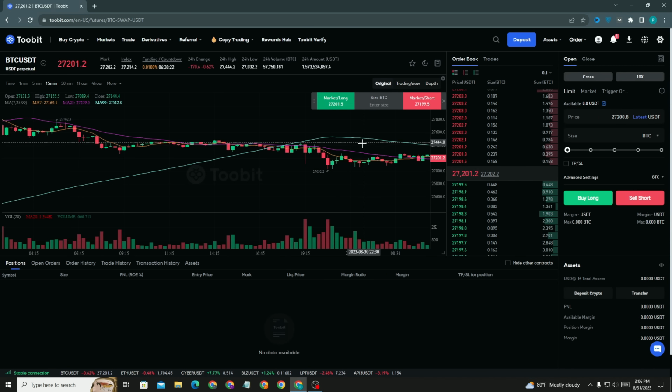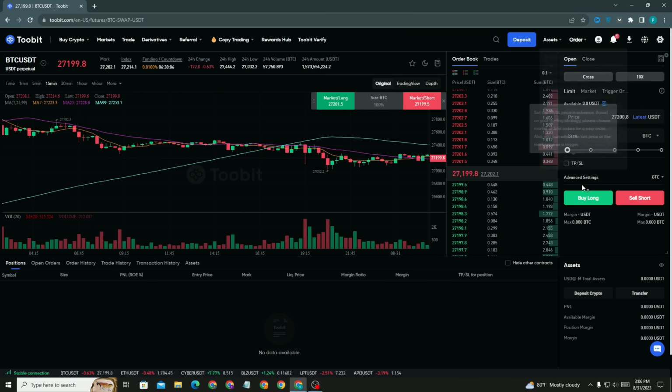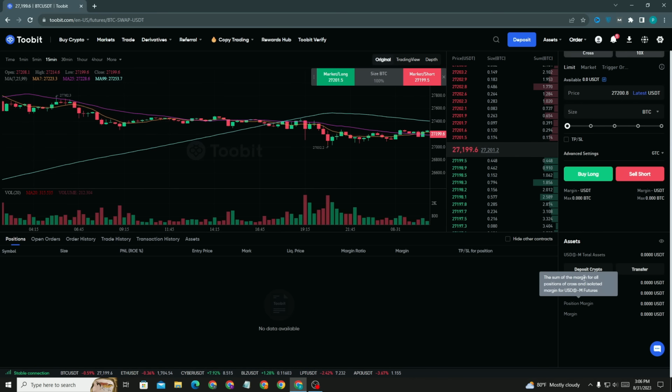And you can simply see, for the derivatives is future trading, and buy long and sell short means if you buy some amount of Bitcoin over here, then you need to hold for some time. Then after, you can simply sell if you get a good margin.